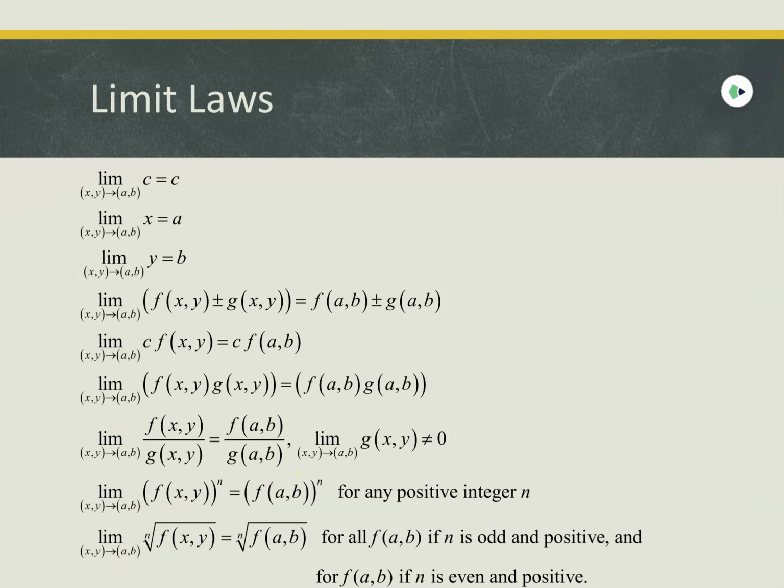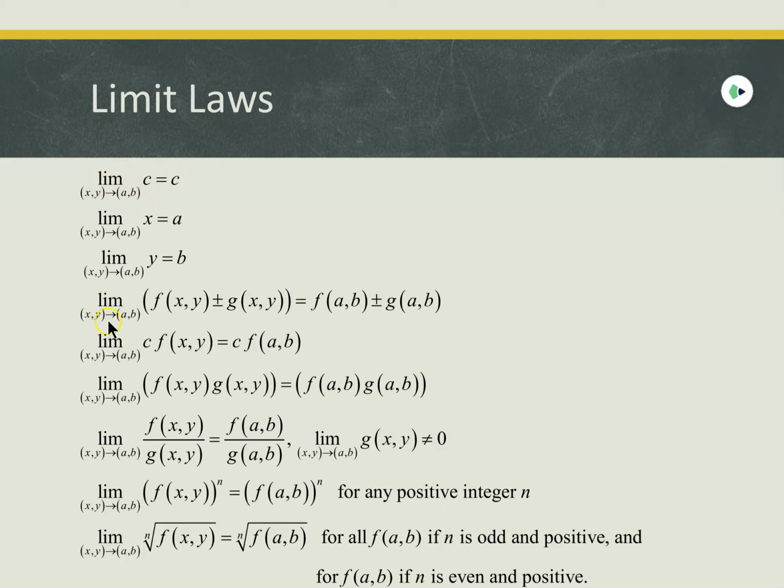Now, similar to what was the case in single variable calculus, when the function for which the limit is being taken is a continuous function, there are a lot of really nice properties. For example, the limit as xy approaches AB of a constant is a constant.